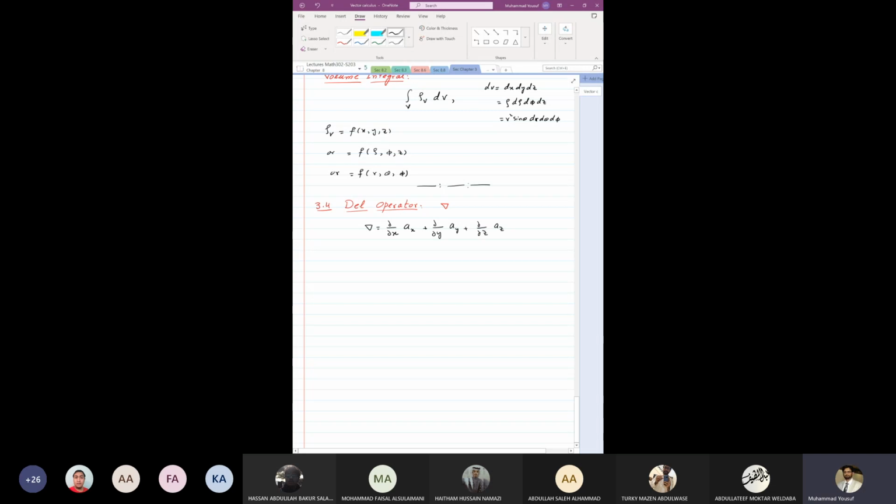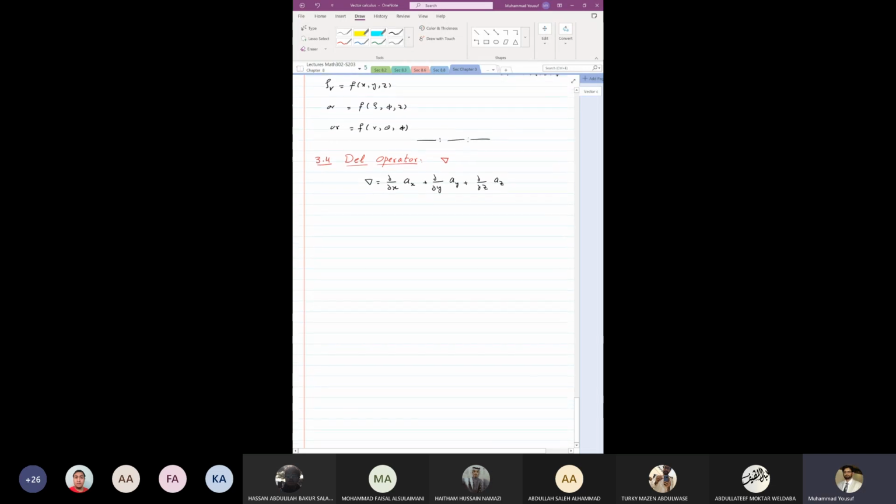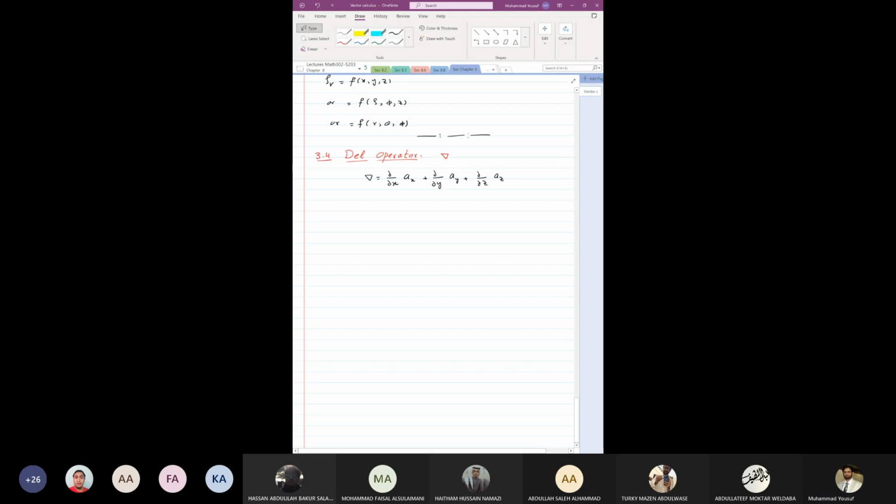Now, the del operator is applied on a scalar field. And we have 4 different uses of this del operator.